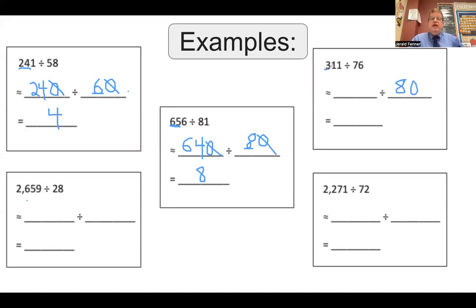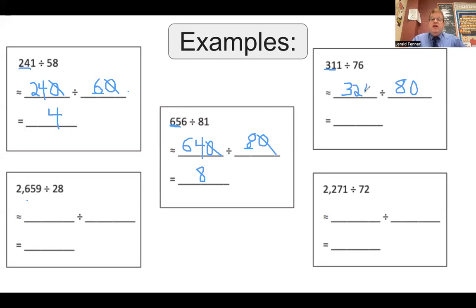Now we look at our 3. Well, 3 is not going to be big enough, so how about 31? Now, does it matter if it's over or under? Not really, you just want to be close. So what multiple of 8 is close to 31? You said 32. You are correct.